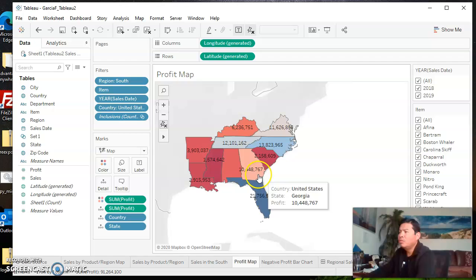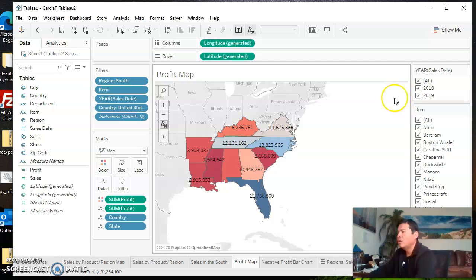So let's go to the next worksheet. And here we can see the area where all of these sales are happening. We can see that in this state we have $21 million in sales, which is good, but we can also see the red states, which are South Carolina and Mississippi. They have very low sales, which is only 2 million for South Carolina and only 1.5 million for Mississippi.